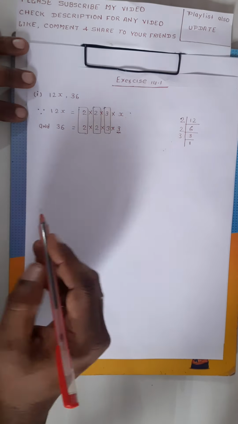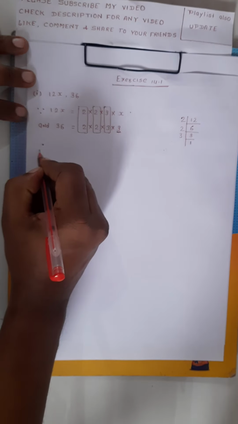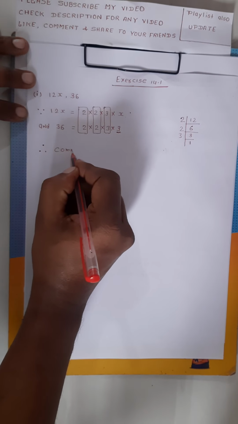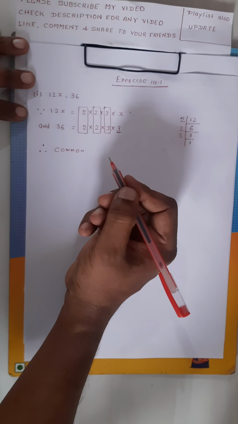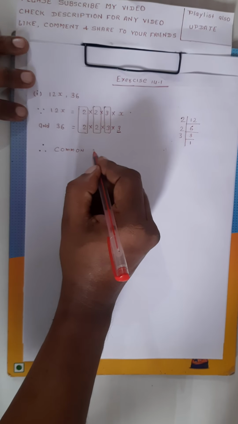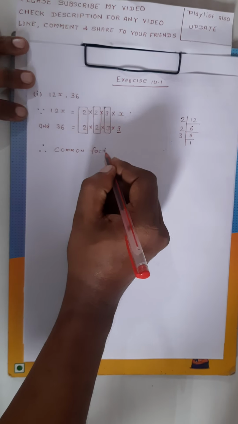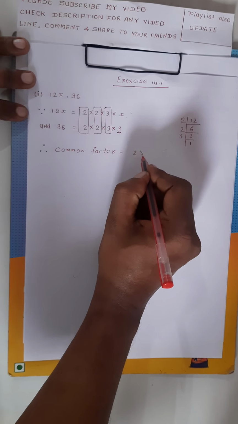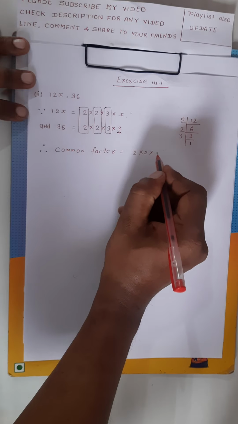Okay, so therefore find the common factor. Okay, so therefore common factor is equal to, ठीक है, 2 into 2 into 3.